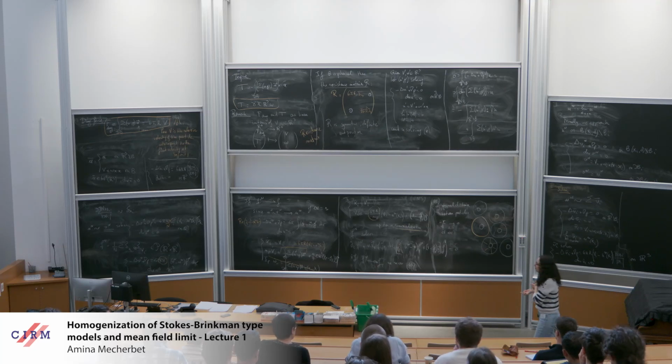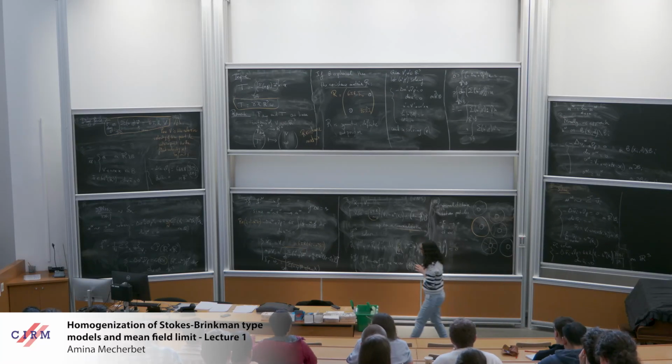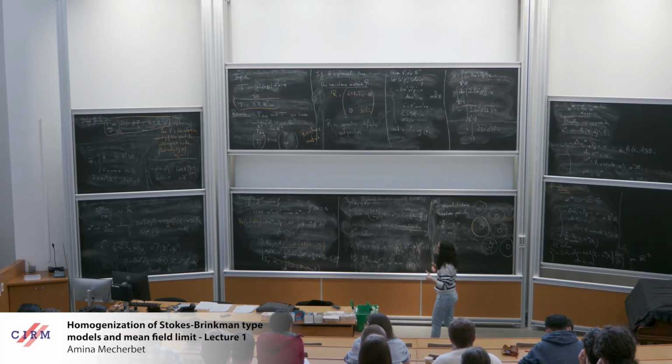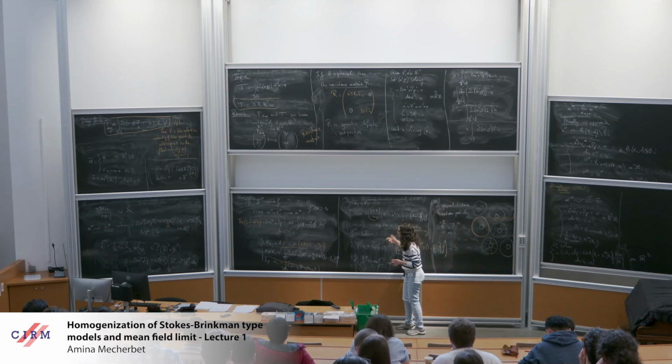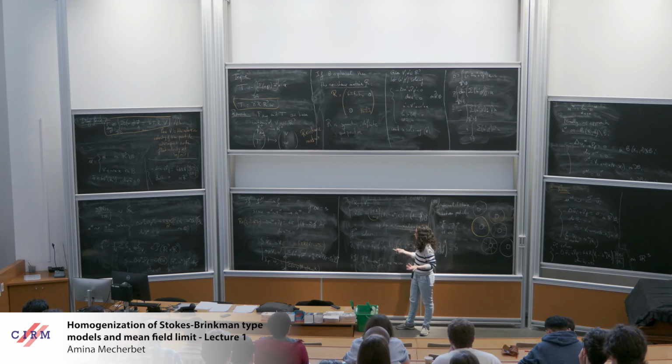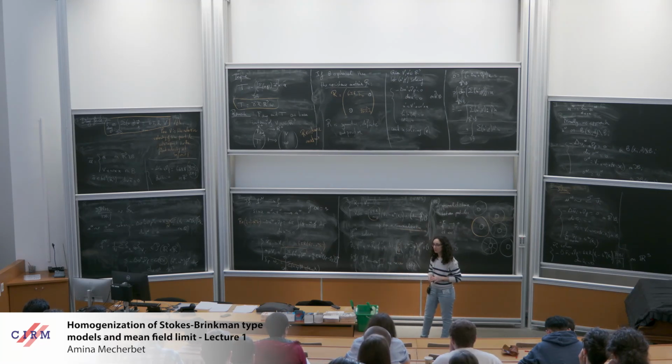This will be the first main part of the mini course, the next time. Then once you have an idea about the limit velocity, you can plug it inside the dynamics of the particles in order to derive a transport or Vlasov type equation for the motion of the particles.